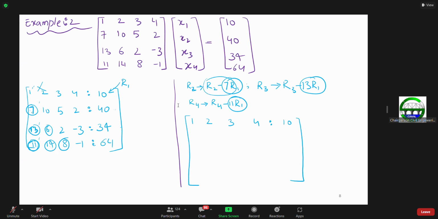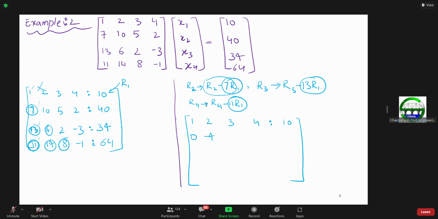R2 is equal to 7 minus 7, it will be equal to 0. 10 minus 14 will be equal to minus 4. And then 5 minus 21.